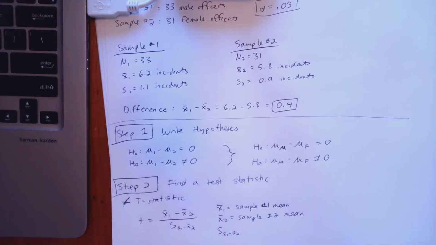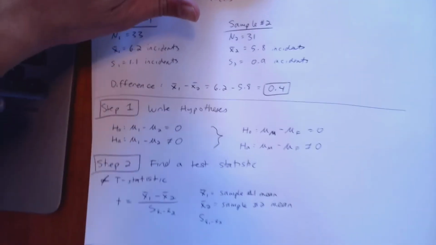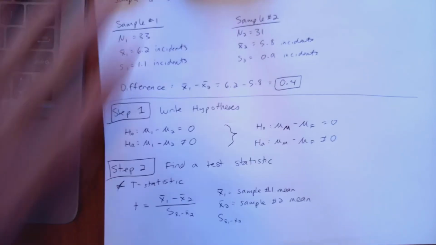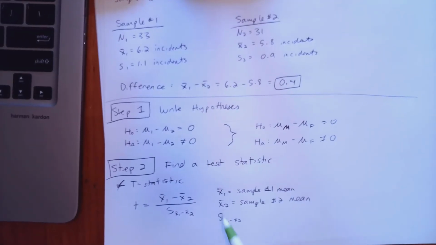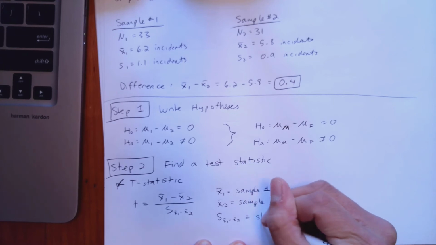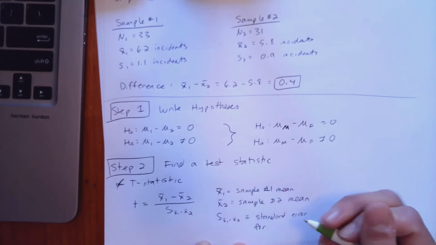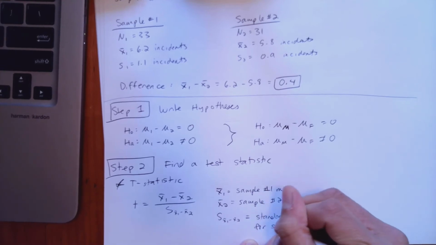When we were only looking at one mean, it was just S sub x bar. Here we're going to be looking at that distribution of differences in means. So what we have in the bottom here is S sub x bar 1 minus x bar 2. So again, we're going to call this the standard error for the sampling distribution.